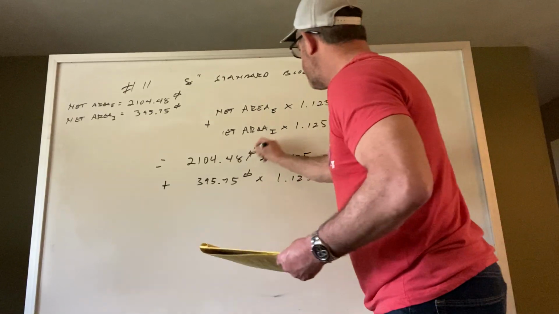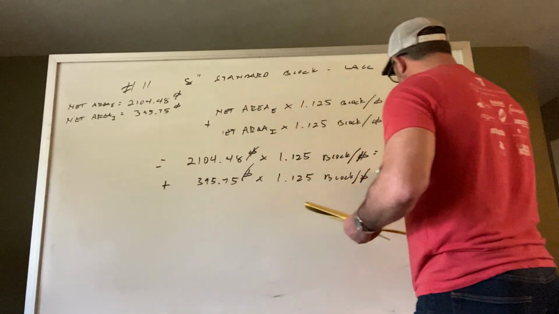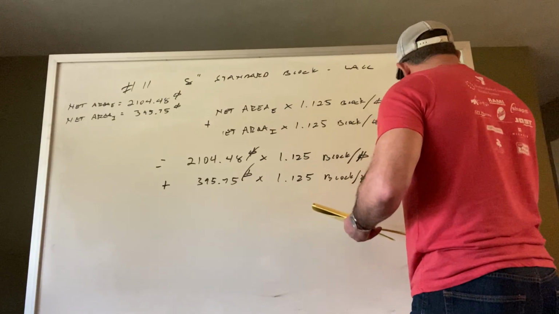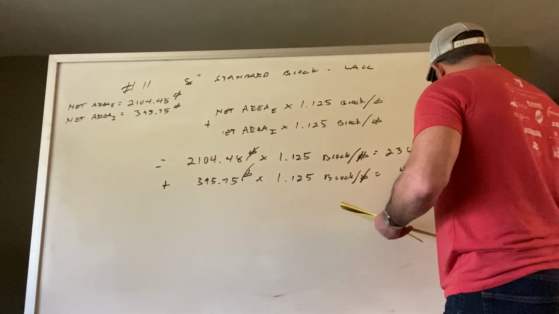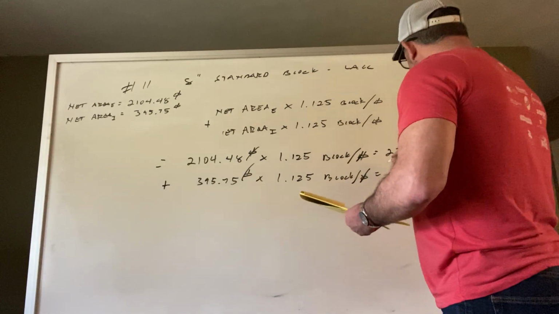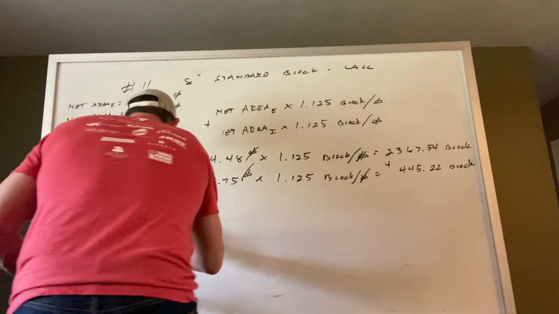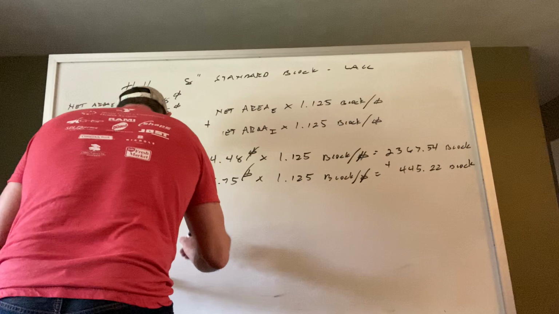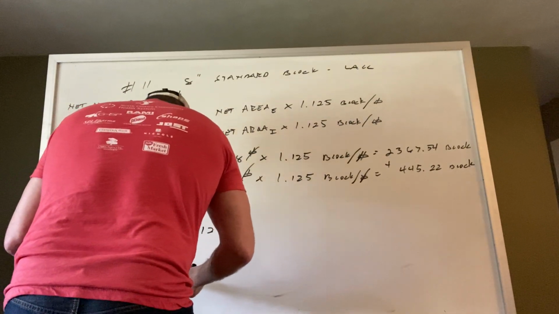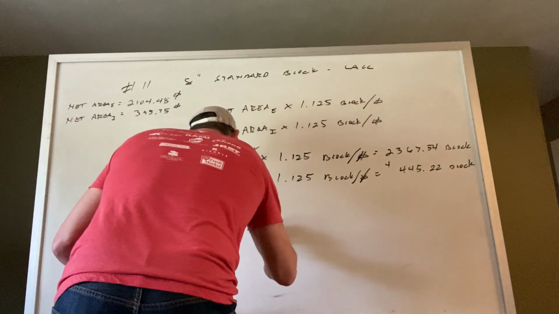Block, right? Square foot cancel. Block for the top row, and we're going to get 445.22 block for that bottom row. And again, we're going to add those together, and that is going to equal a total of 2,812.56 block.